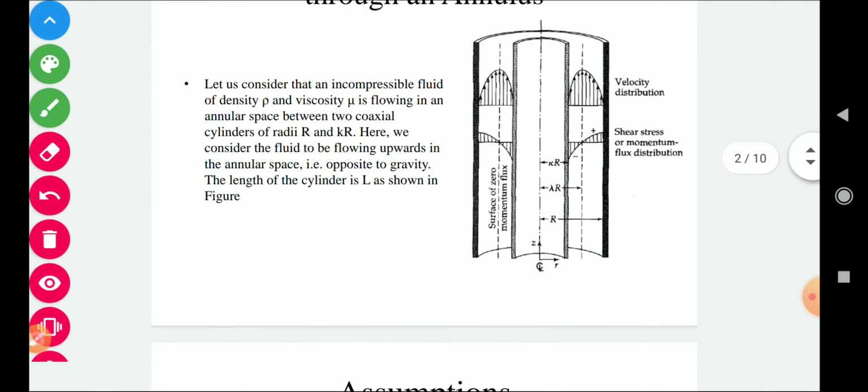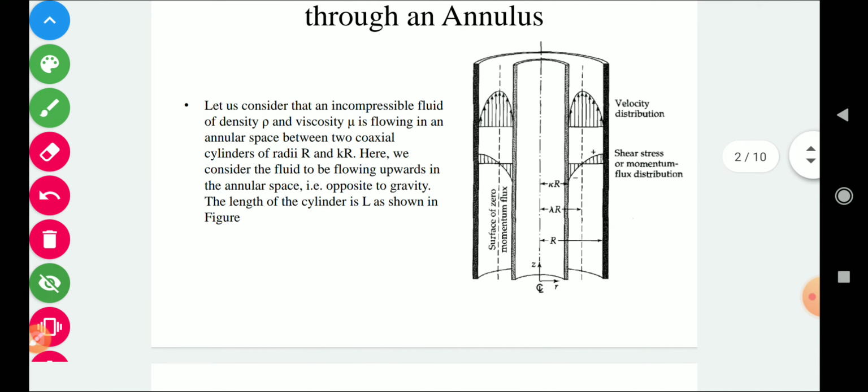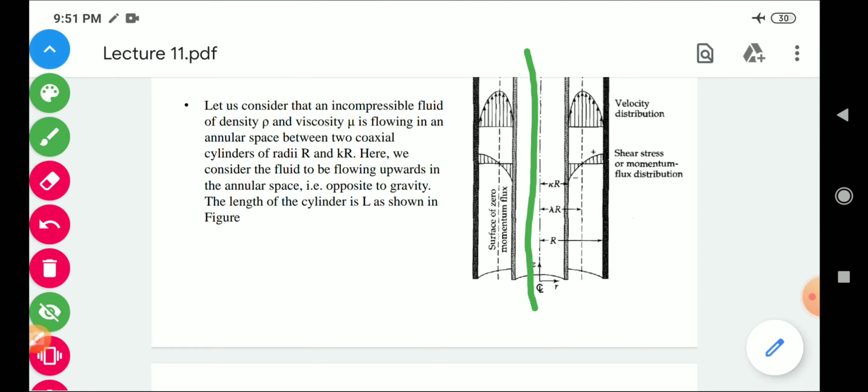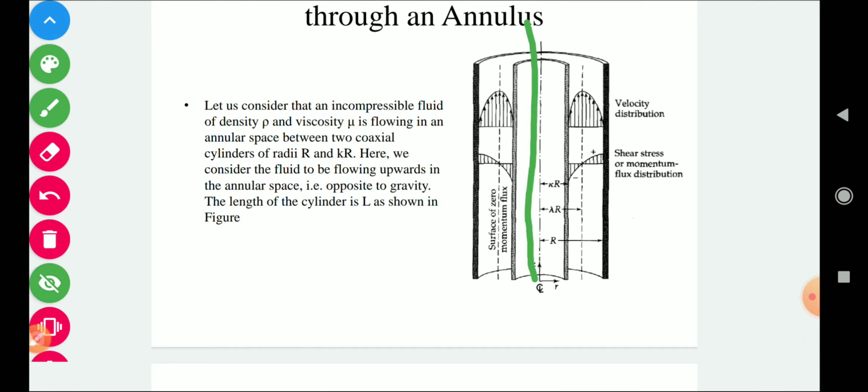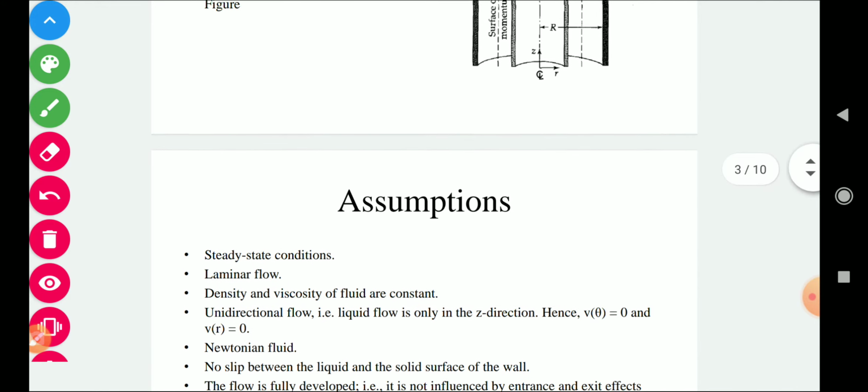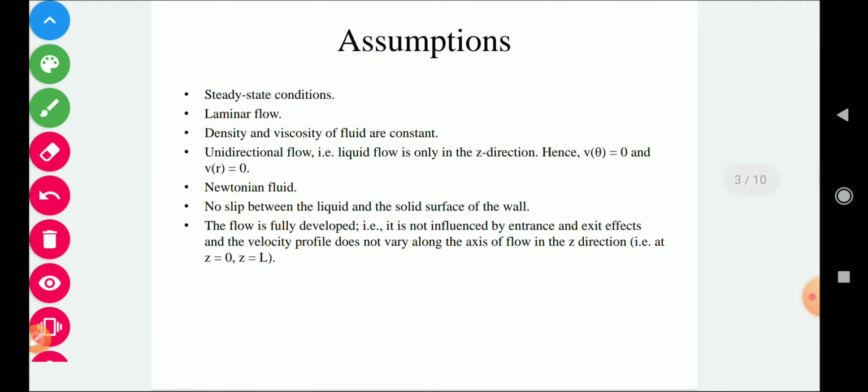So as you can see, if you draw a line, along this line there is no velocity variation. It is not influenced by entrance and exit effects, and the velocity profile does not vary along the axis of flow in the z direction.